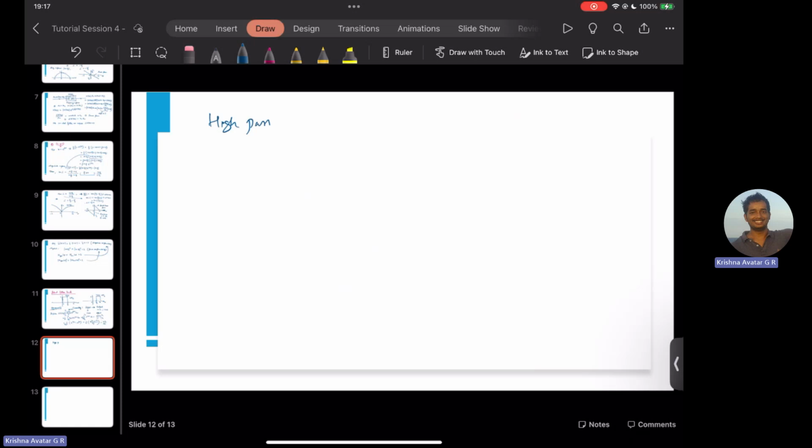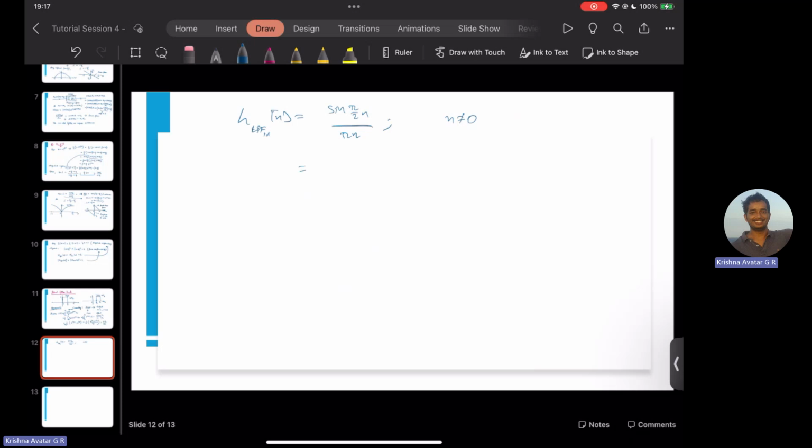High pass filter, what is it? Here, what I wanted to note is that h of the ideal LPF is given by sine pi by 2n divided by pi n. Of course, what we assume is that n is not equal to 0.